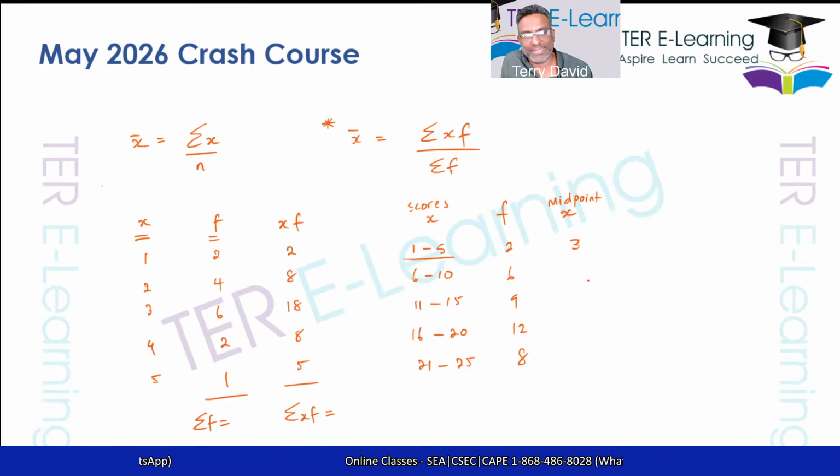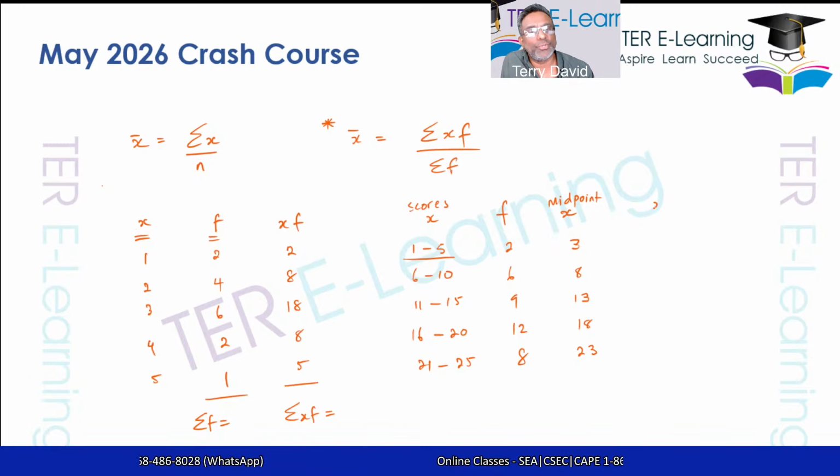The next one, 10 and 6 is 16, divided by 2 is 8. The next one is 13, this one is 18, and this one is 23. So to get the midpoint, we just take the two limits, add them up and divide by 2.